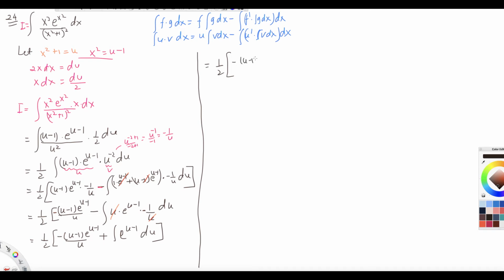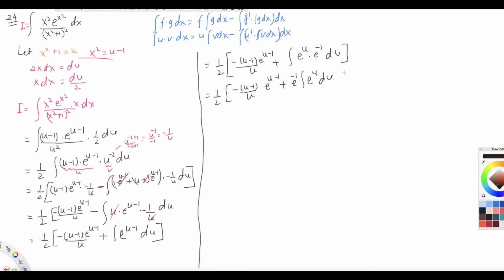So it will be equal to 1/2 times negative u minus 1 times e to the u minus 1 divided by u, plus. You can write the integral as the integral of e to the u times e to the negative 1 du, and this e to the negative 1 is a constant, so you can pull that out. So you can write 1/2 times negative u minus 1 over u times e to the u minus 1, plus e to the negative 1 times the integral of e to the u du.